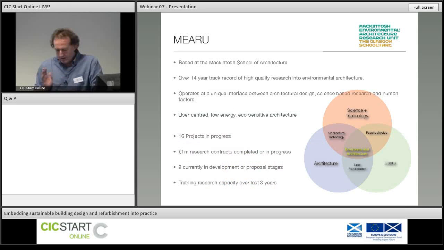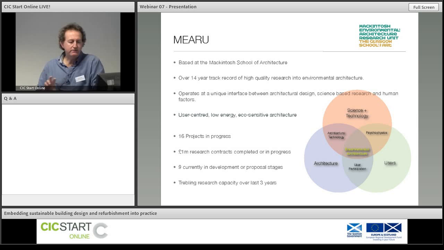So I'm director of the Mackintosh Environmental Architecture Research Unit. We're based at the Mackintosh School of Architecture at Glasgow School of Art. We've been involved in research into environmental architecture for over 14 years now. It actually goes back a lot longer than that in terms of previous practice experience.